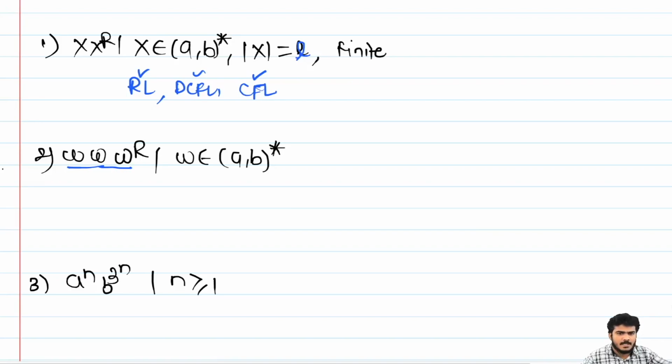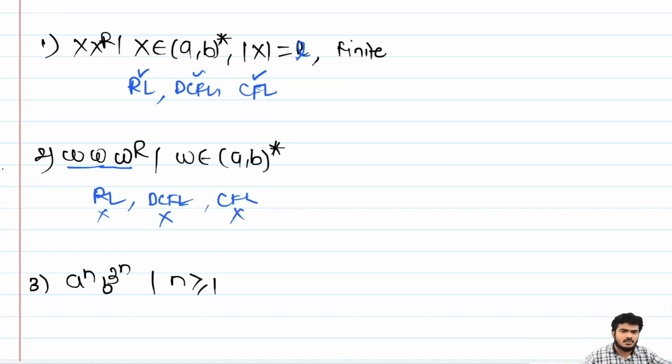So I can say that this is not a regular language, because we need memory, and with one stack we are not able to design a PDA for such languages. So this is not a DCFL and not a CFL also.